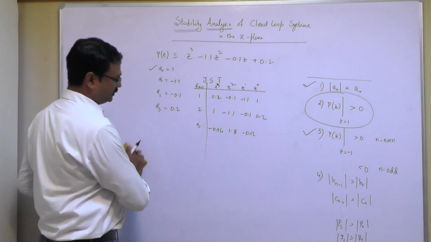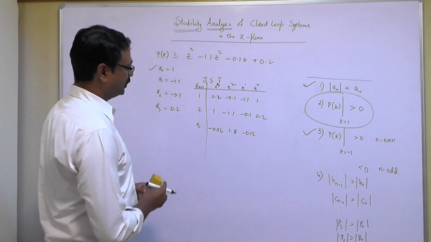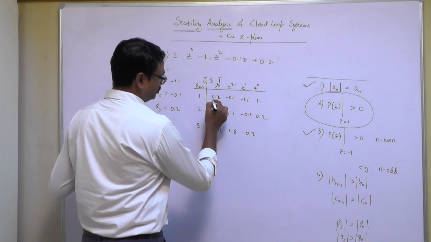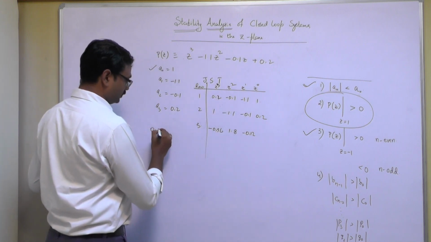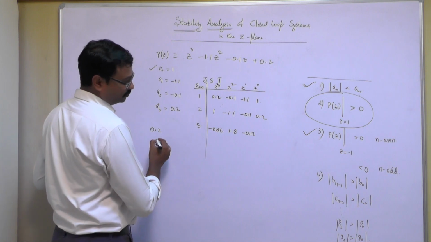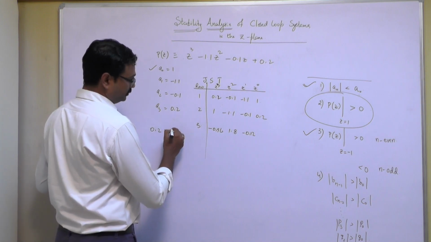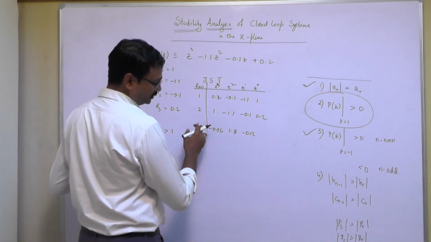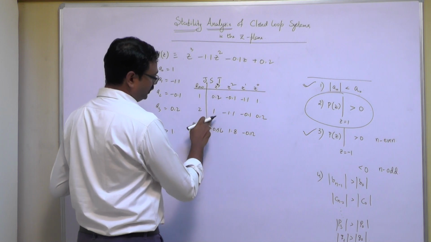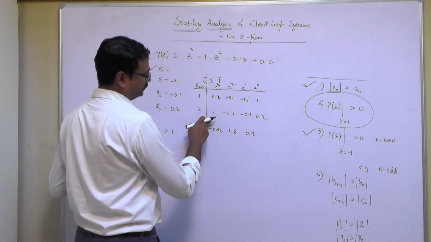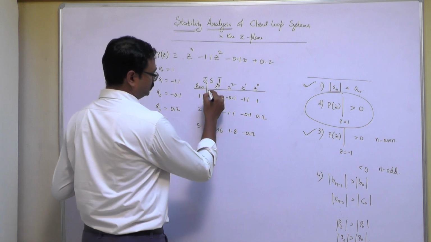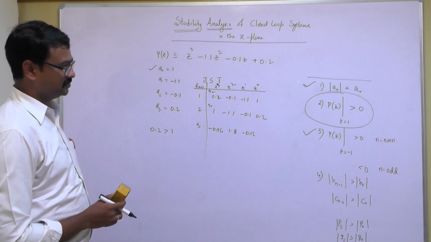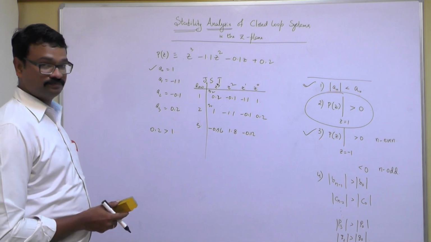Now we can see that in this case Bn, this is Bn, right, 0.2, must be greater than 1, and Q2 must be greater than Q0. This is Q2 and this is Q0, and since this is not satisfying the relationship, then this is an unstable system.